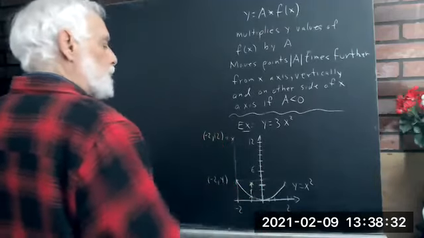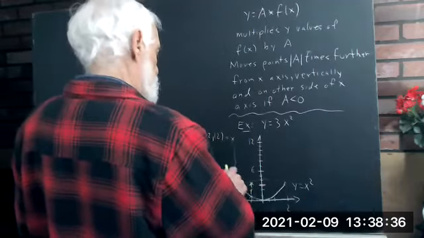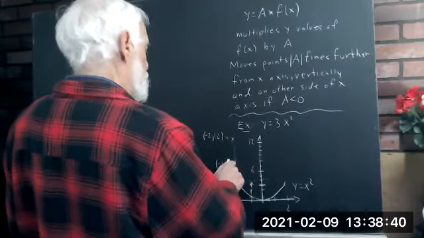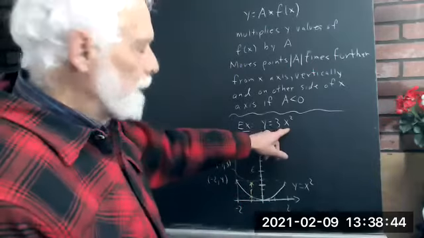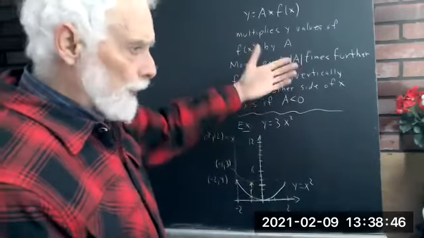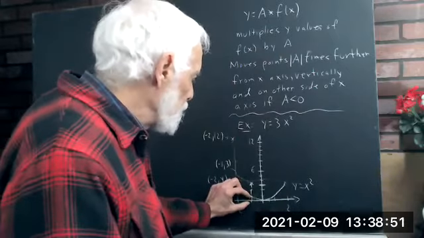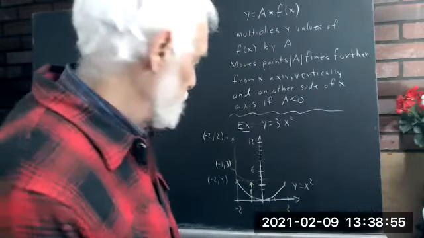Okay, so that gives us a point here. And this point is -1, 3. And you don't figure that out by plugging -1 in for x, although that's really easy to do. You figure that out from the fact that this is 1 unit, and then we go 1 more, and we get up to 3 units.